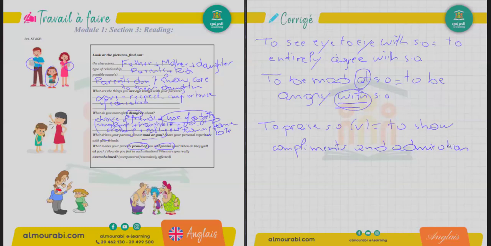Donc, when I ask you here, our parents, what do they praise us about, okay? Maybe when we get a good marks at exams. Yeah, true. Very good. If you get good marks in the exams, they will praise you. They will just show admiration.